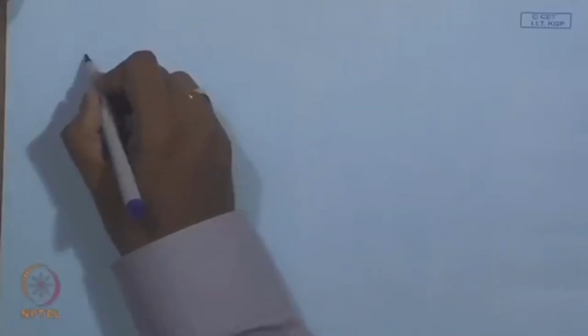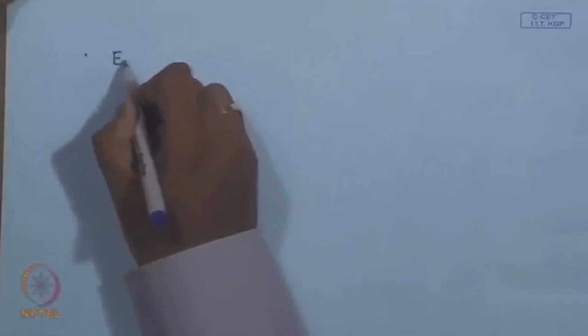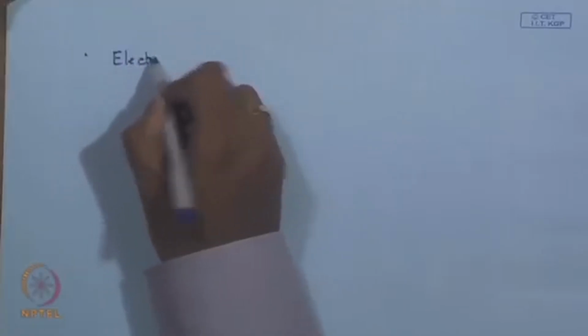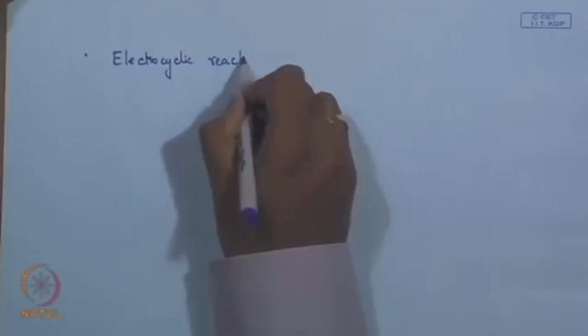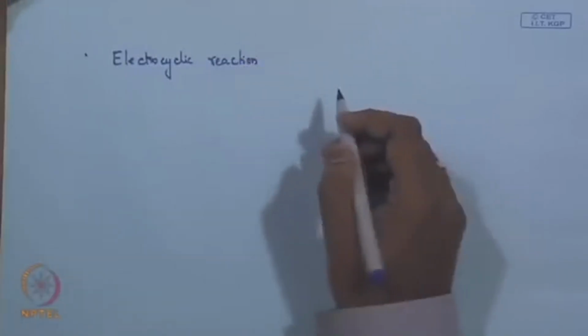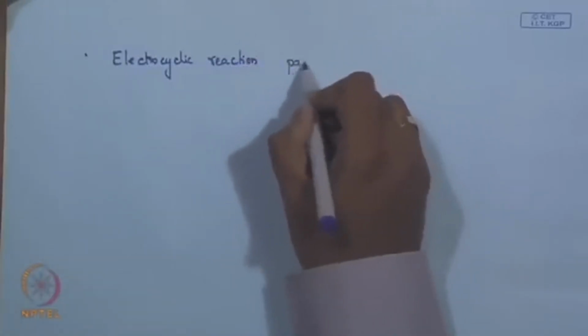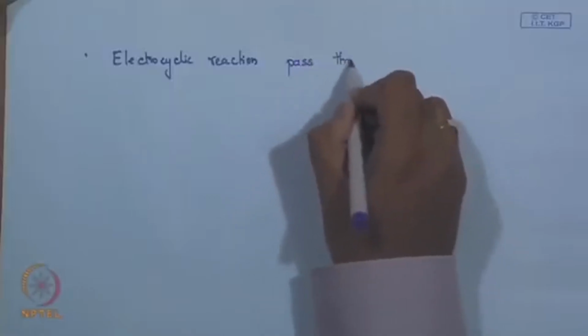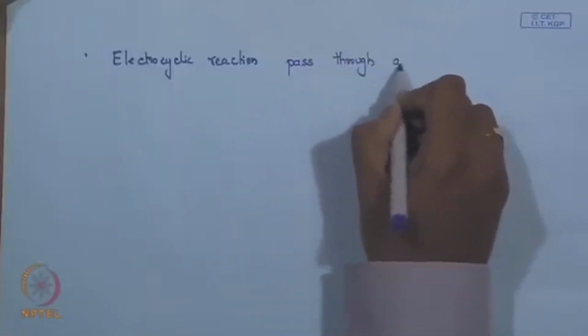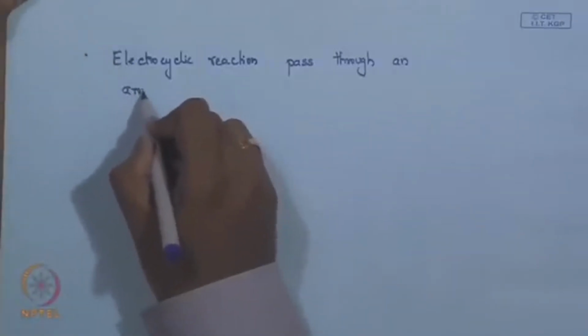Now, we will see some of the important things in electrocyclic reactions. The first thing you have to know is that electrocyclic reactions generally pass through an aromatic transition state. That is very important.